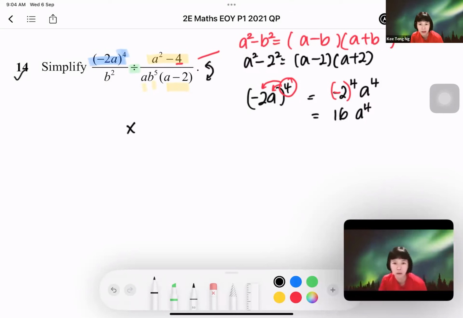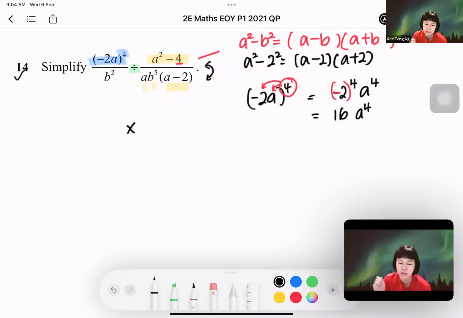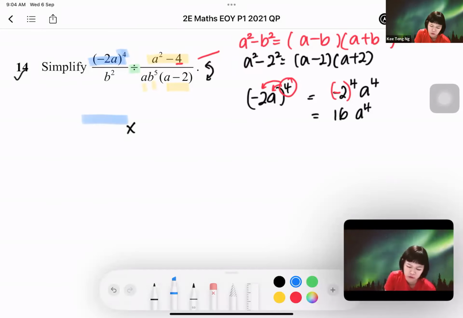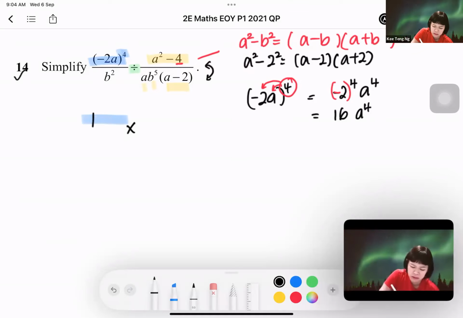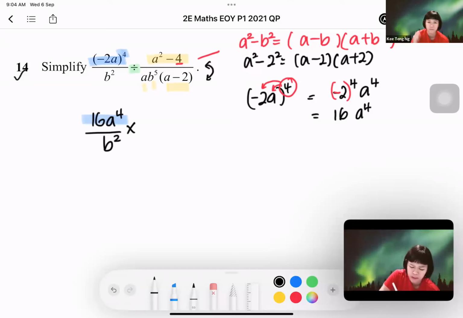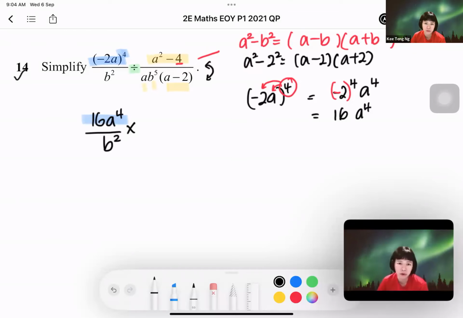Now I'm going to plug in all the different components after we have simplified them. Negative 2a to the power of 4 has changed to 16a to the power of 4 over b squared. Next, we flip the fraction.